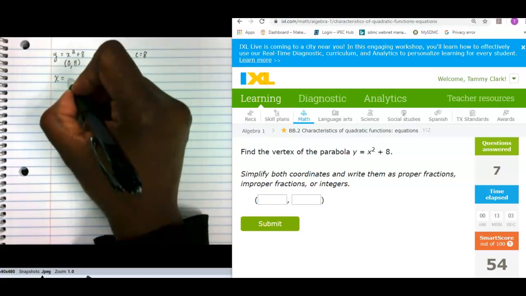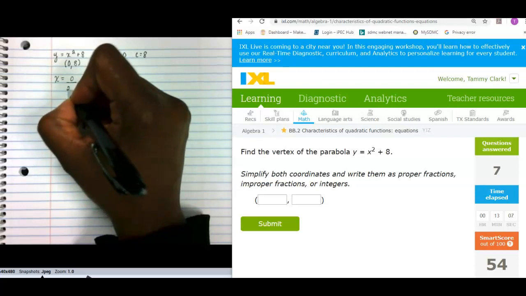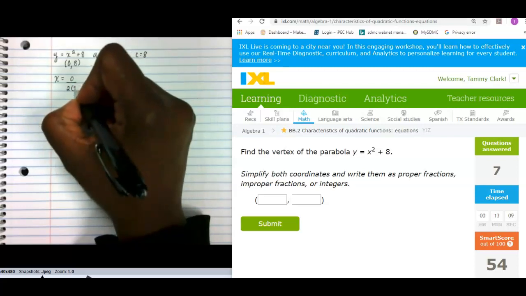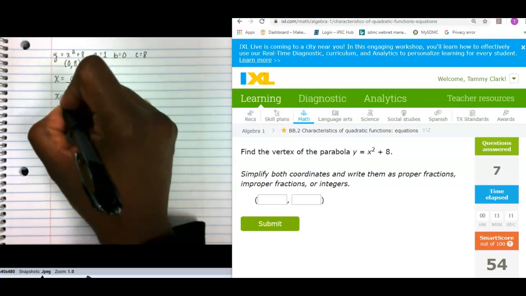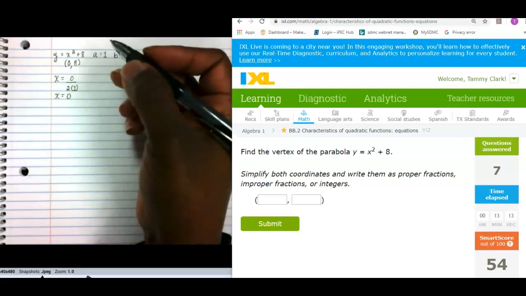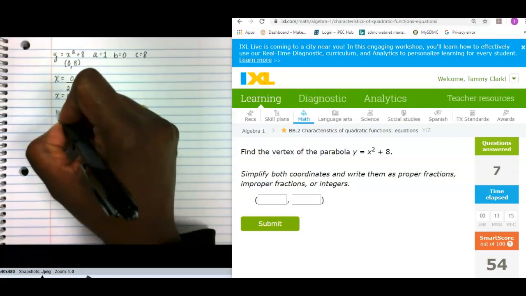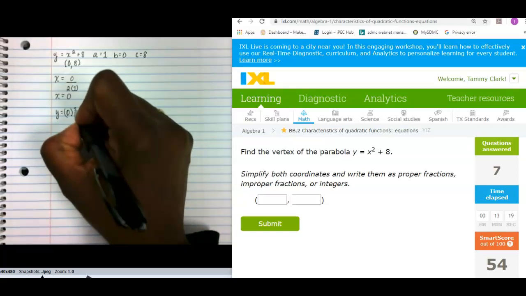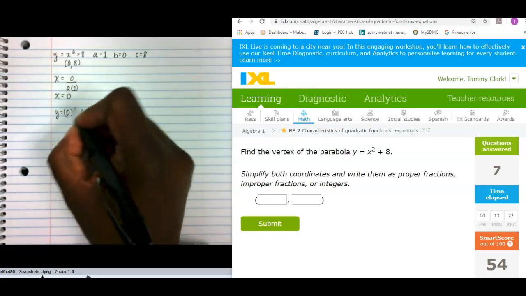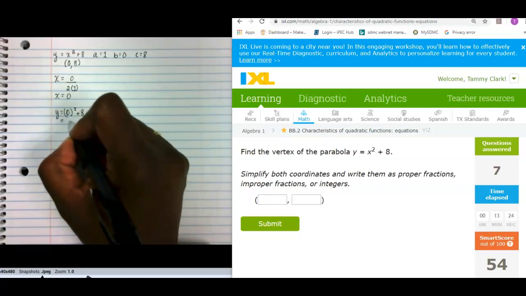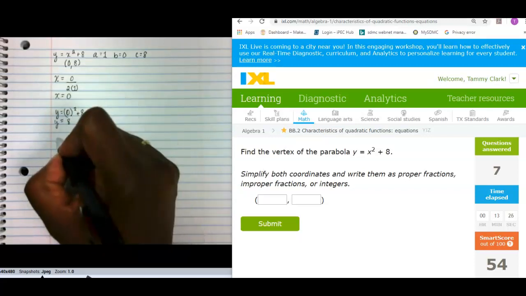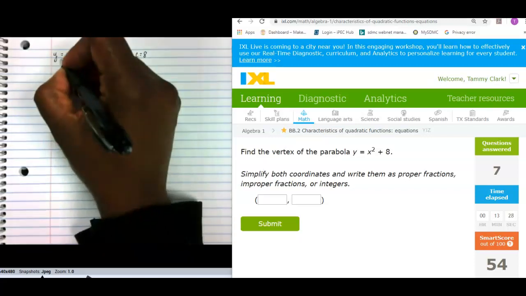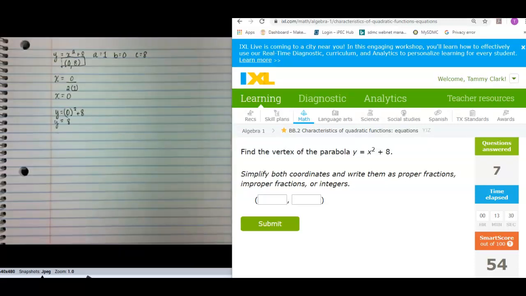So we've got the opposite of b, which is 0, divided by 2 times a, which is 1. Well, any number divided into 0 is 0. Then we're going to substitute 0 for x, that's squared, plus 8. Well, 0 squared is 0, plus 8 is 8, so y equals 8. So therefore, again, our vertex would be 0, 8.